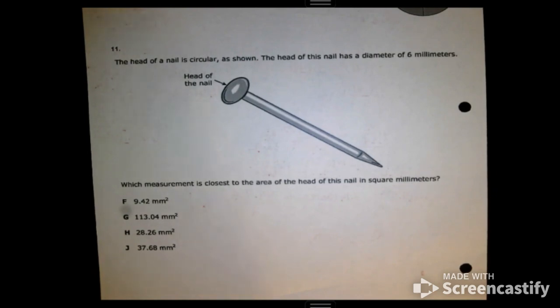Well, it says which measurement is closest to the area. So before you round, you have answer choices to look at. That was easy, I think.